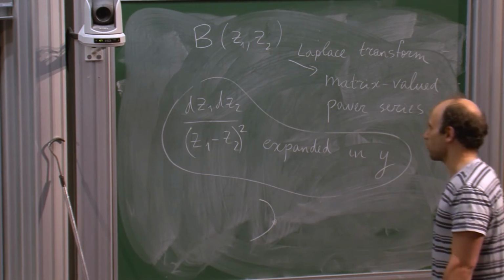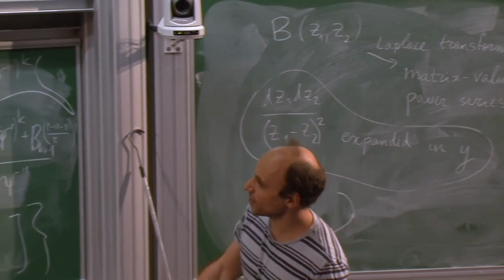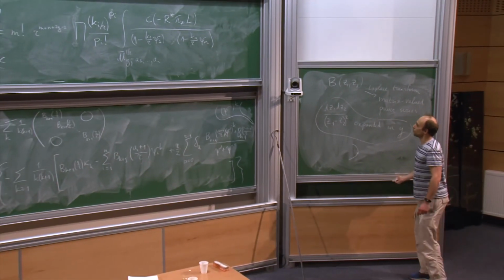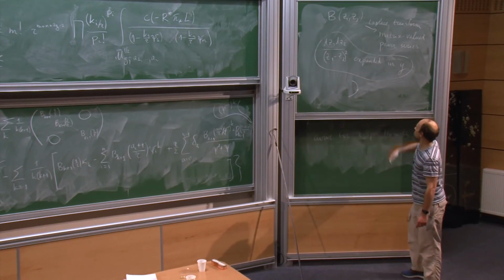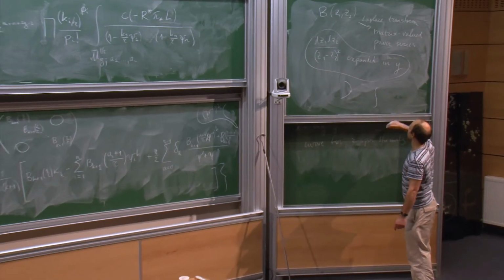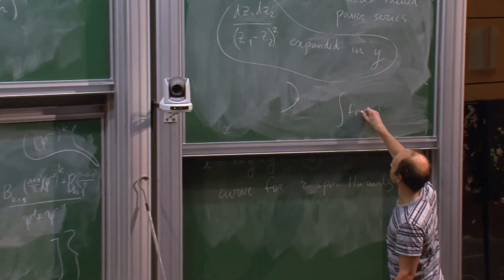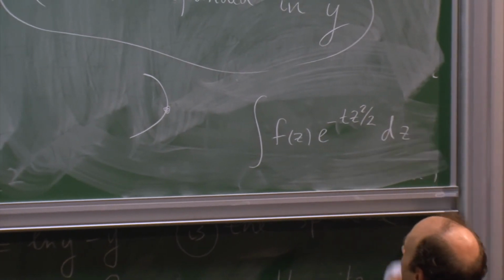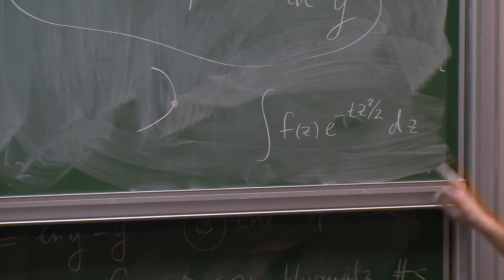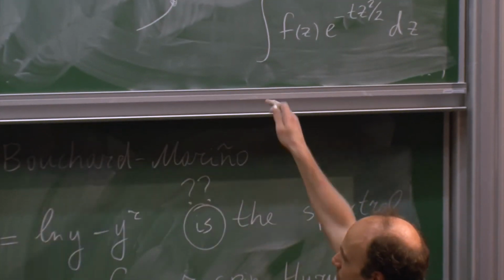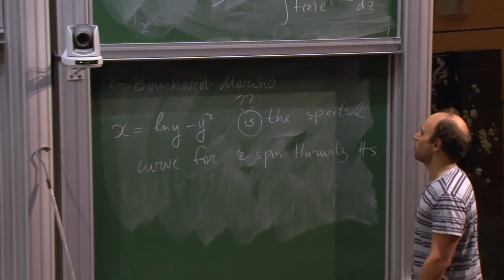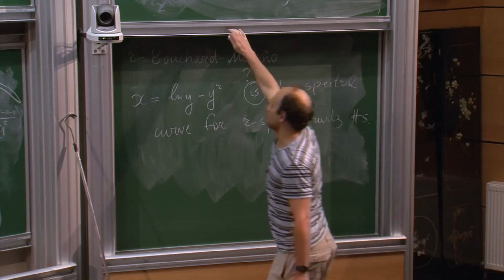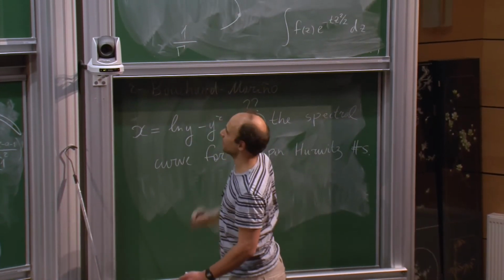And the coefficients of this expansion should match the coefficients of this power series after the Laplace transform. And so the Laplace transform is some integral, right? The Laplace transform of f is something like that, dz. And this integral, when you write it for this spectral curve, happens to give you the inverse of the gamma function, more or less. Actually, 1 over the gamma function.